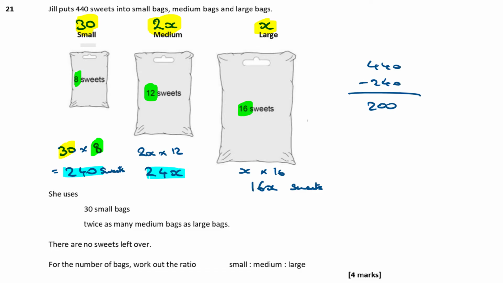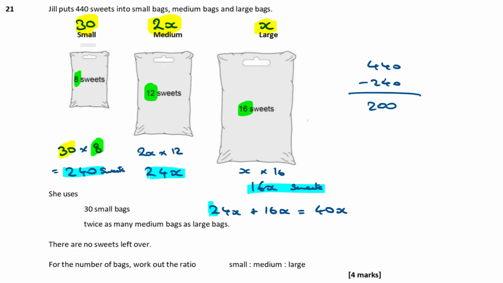So I've got 24x sweets in the medium bags, and I've got 16x sweets in the larger bag. So altogether, that's 24x plus 16x. In the medium and the large bags altogether, I've got 24x and 16x together. So 24x plus 16x gives me a total of 40x sweets in those 2 bags.